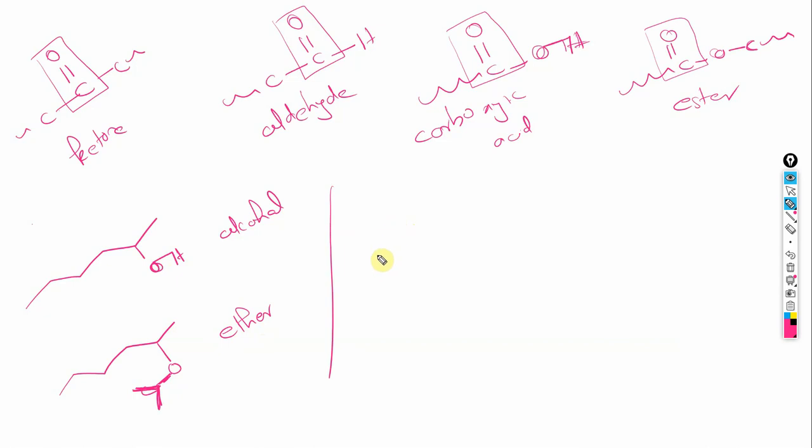So for example, NH2. Remember nitrogen is supposed to have 3 bonds, therefore you'll have an extra hydrogen. So this is an amine. Now unlike alcohol and ether, if you replace the hydrogen with an alkyl, with a carbon chain, it is still considered an amine. So for example, if I give you this structure, that is still an amine.